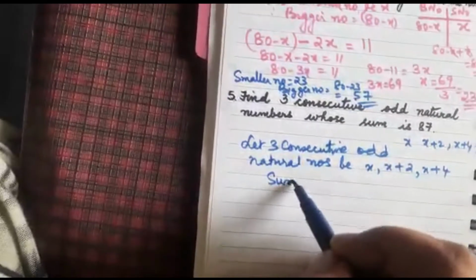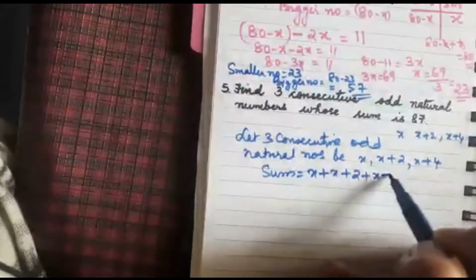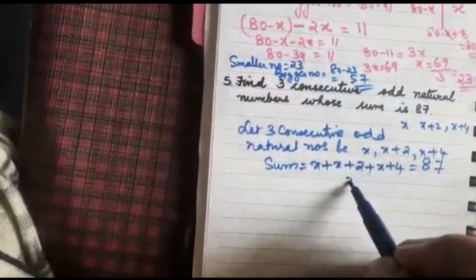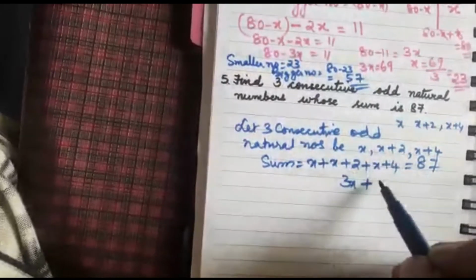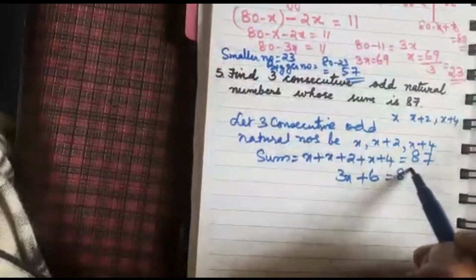Their sum is equal to, I will add up all the 3, x plus x plus 2 plus x plus 4, that is equal to 87. How many x? 3x plus 4 plus 2, that is 6. That is equal to 87.